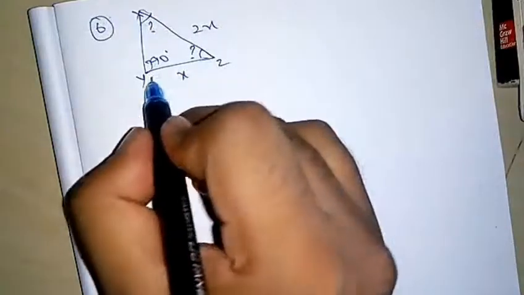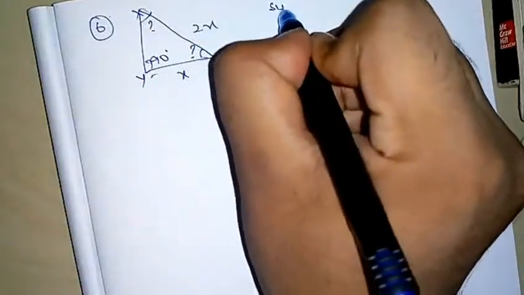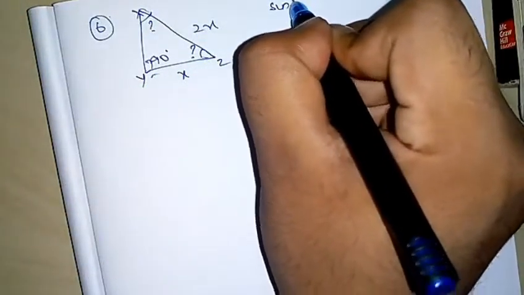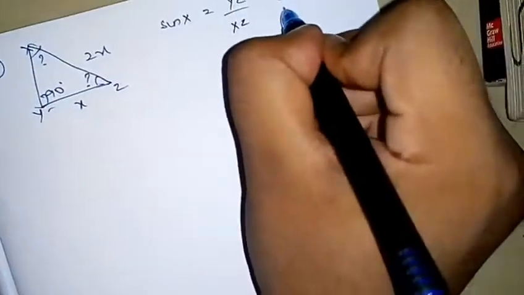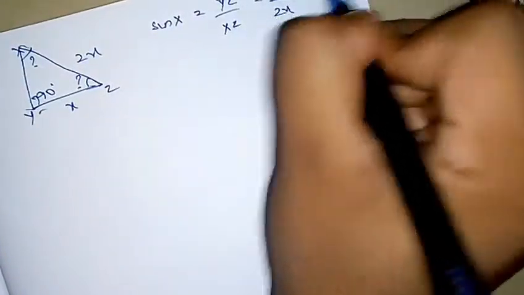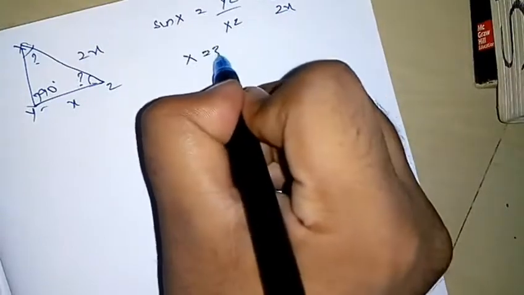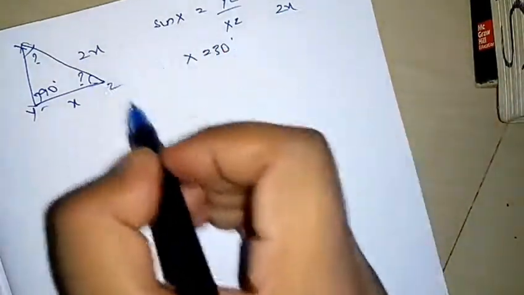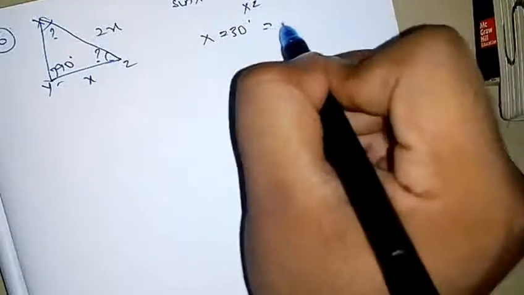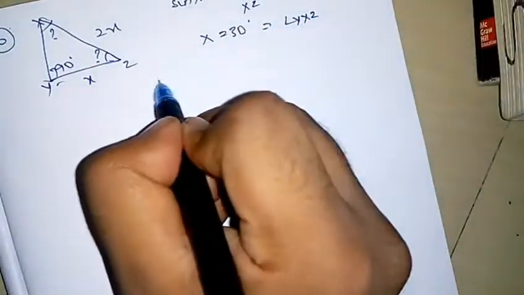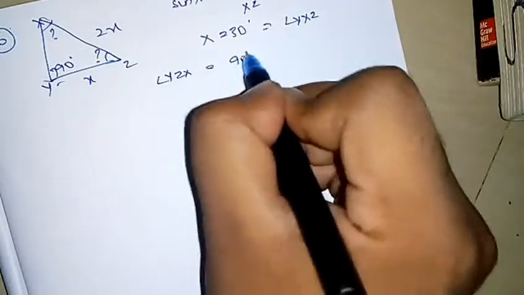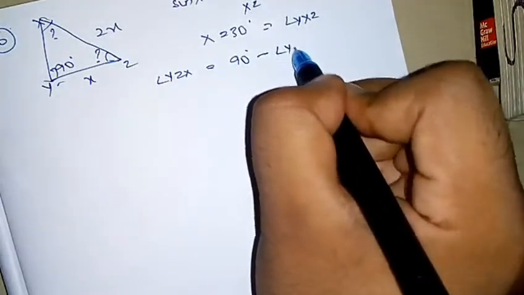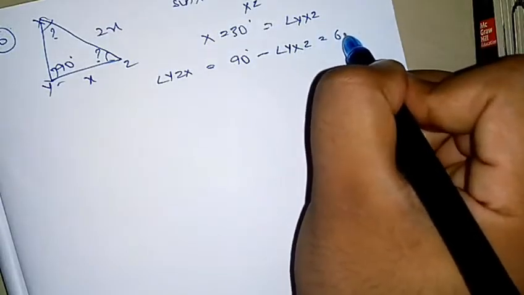If you observe here, sine of x will be equal to opposite side YZ by hypotenuse XZ, which will be equal to x by 2x, which will be equal to 1 by 2. Therefore, x is equal to 30 degrees, since sine 30 is 1 by 2. So angle YXZ is 30 degrees. Now angle YZX will be equal to 90 degrees minus angle YXZ, which will be equal to 60 degrees.